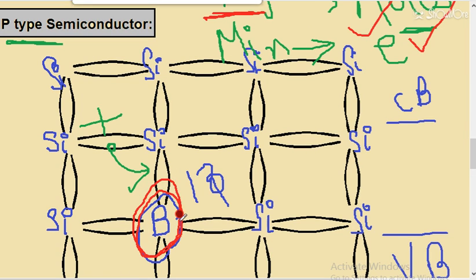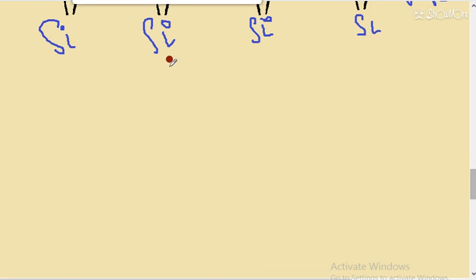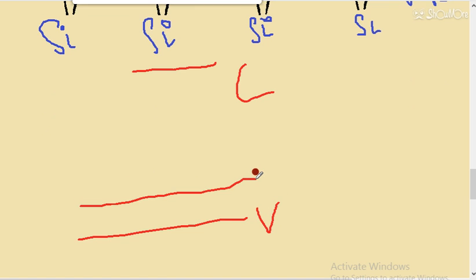Trivalent impurities are boron, aluminium, gallium, group number 13. Then we discussed the energy gap of p type: conduction band, valence band, and the acceptor energy level.